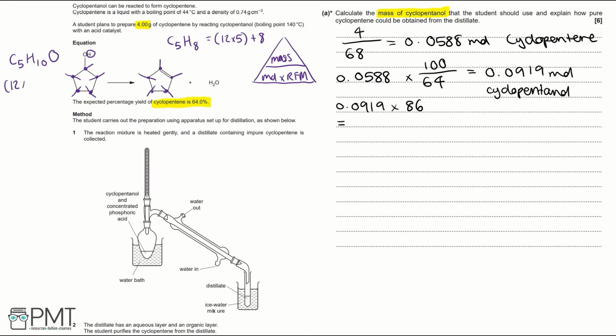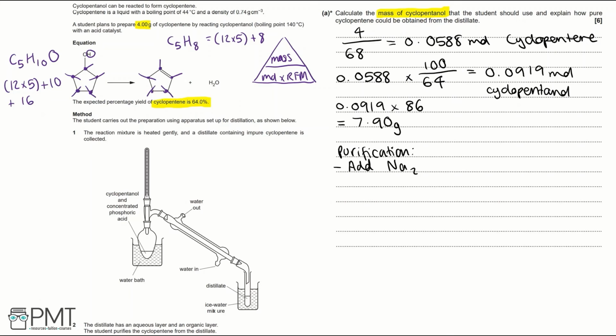So that's going to be 12 times 5 plus 10 plus 16, which equals 86. And working out the mass, that's going to be 7.90 grams. It's really important that you've got the mass written to 2 decimal places in this question.